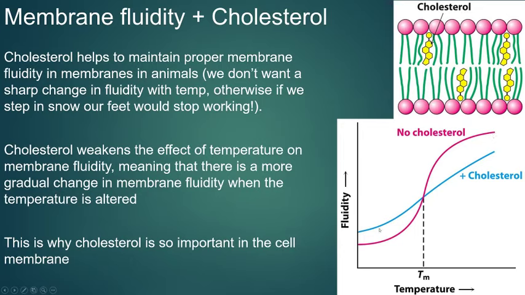With no cholesterol, it's a really sharp sigmoidal curve, in which we see a very sharp change in the fluidity of our cell membrane based upon a change in temperature. However, when we add that cholesterol, it's a much more gradual change.